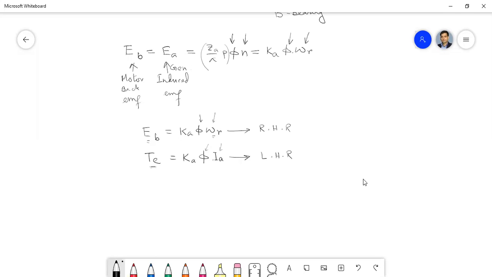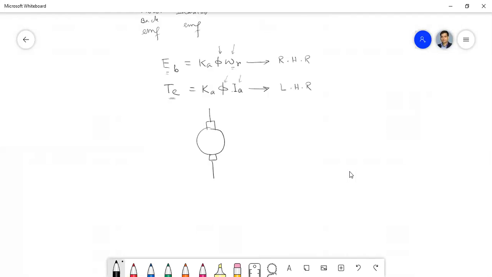that if we apply, suppose I have a DC shunt motor or DC series motor also. Suppose I have a DC series motor.